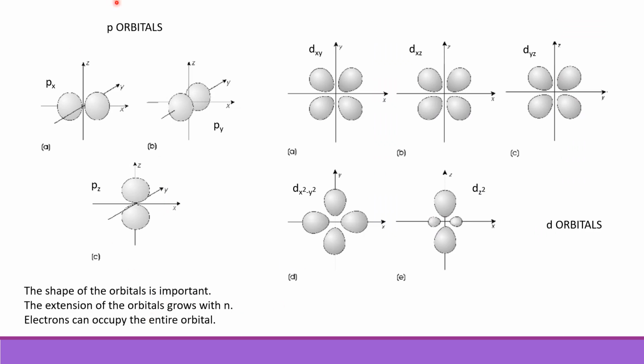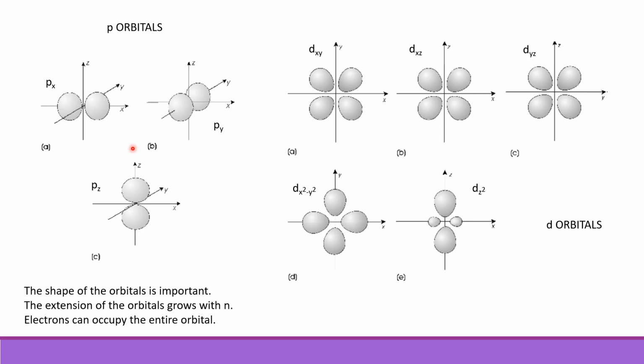Finally, coming back to the shape of the orbitals, we have said that the s orbitals are spherical. You have seen in the previous slides how the shape of the s orbitals was spherical. In the case of p orbitals, they are more elliptical, with two lobes that are symmetrical with respect to one of the axes: this is px, this is py, this is pz.